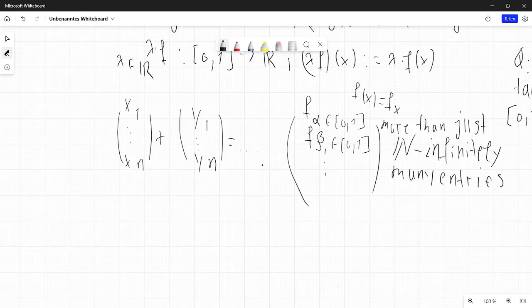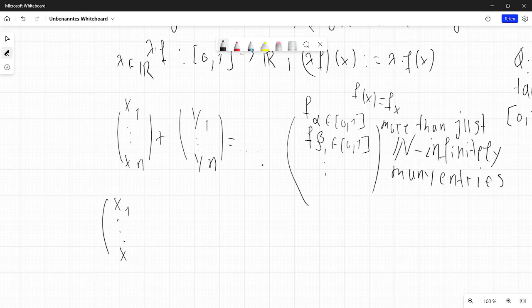And you could also think, of course, about vectors on the other hand. Well, let's put it like that. What is a vector?